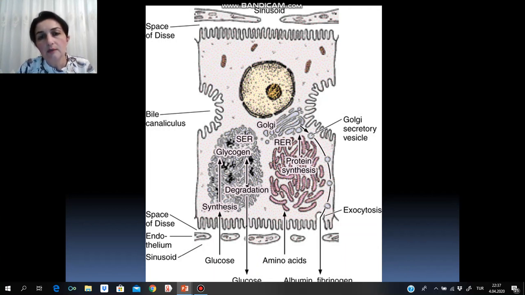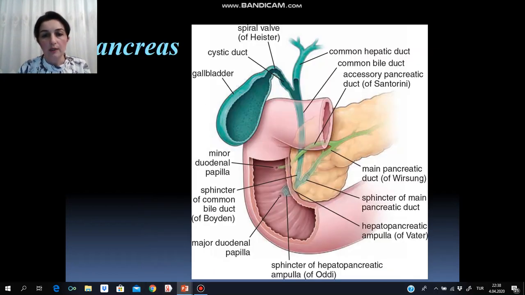Another function of the liver is detoxification, inactivation of hormones, barbiturates, antibiotics, and storage also. Another function, storage of vitamins, lipid soluble vitamins, mainly vitamin A in scarce amount, vitamins D and K in very low amount, vitamin B12 also. So those are the functions of the liver.